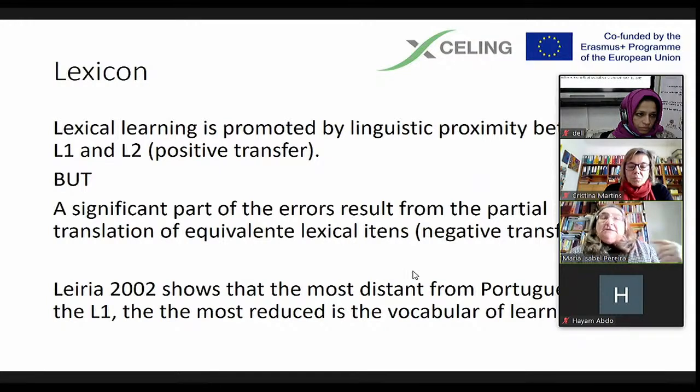But on the other hand, a significant part of the errors result from the partial translation of equivalent lexical items. That means negative transfer. There is a very interesting study by Leiria, 2002, that shows that the more distant L1 is from Portuguese, the more reduced is the vocabulary of learners.